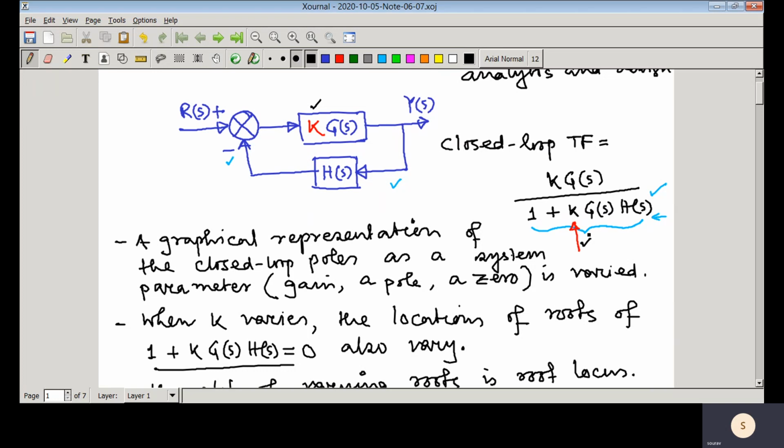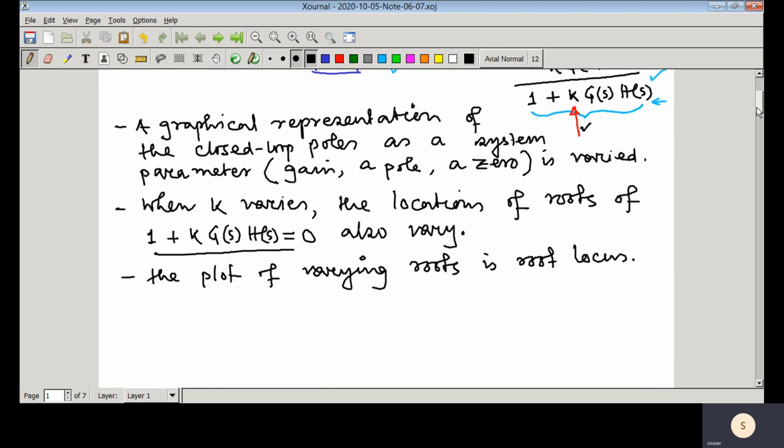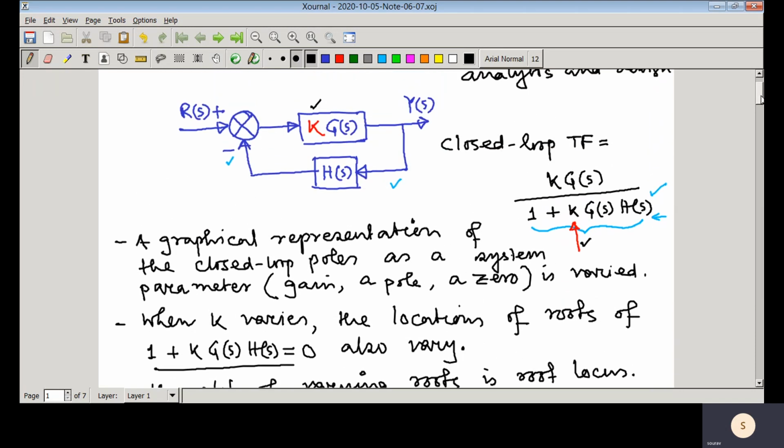Its graphical representation is the root locus. Now K varying means K may be positive or K may be negative. If K is positive, it is the negative feedback structure.